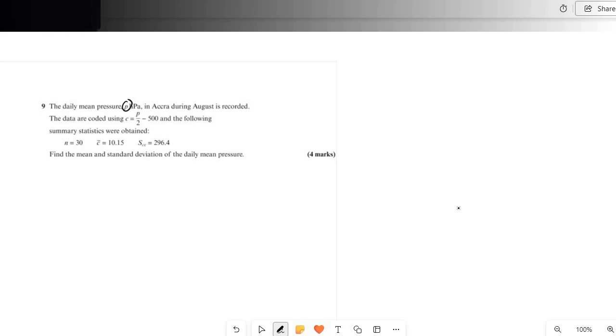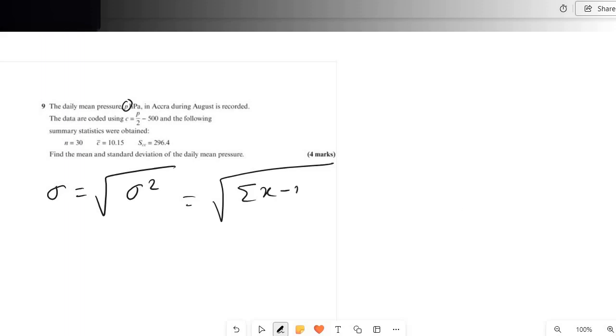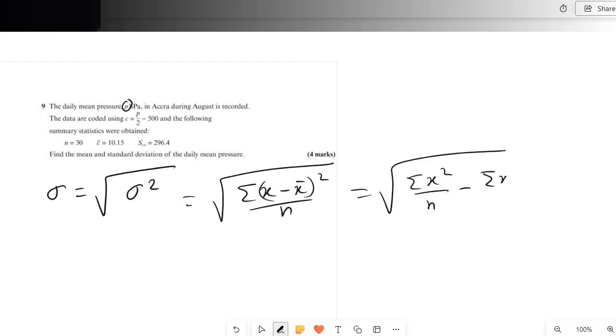If you remember from the previous video, standard deviation is going to be the square root of the variance, and the variance had different forms. The first form was the sum of (x minus x bar) whole squared. Similarly, the one we just recently used, which is summation of x squared divided by n minus (summation of x divided by n) whole squared. And it also has another form, which is the root of Sxx divided by n.